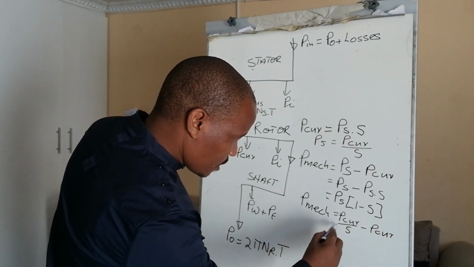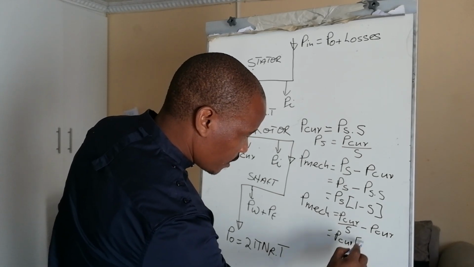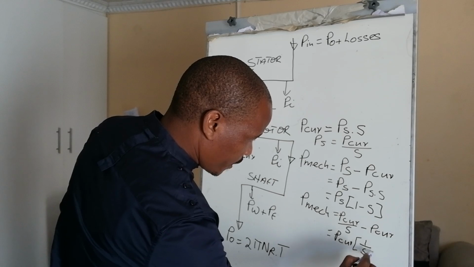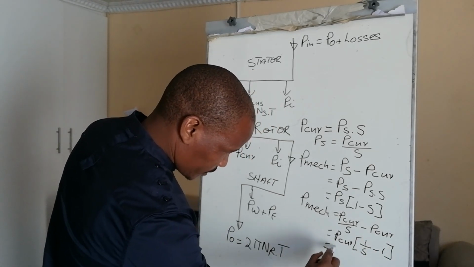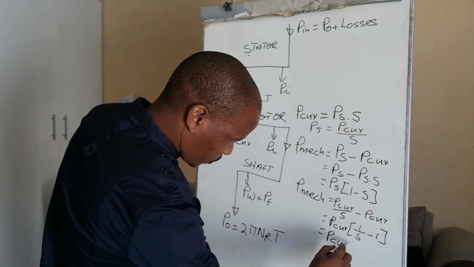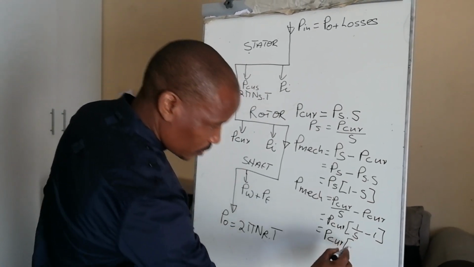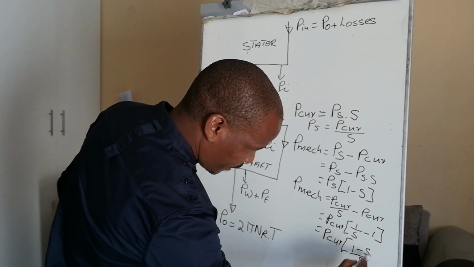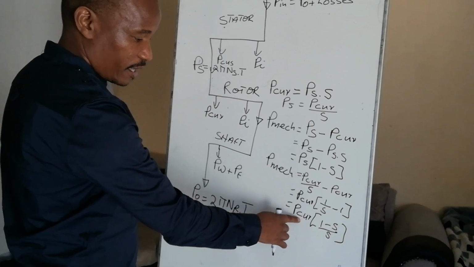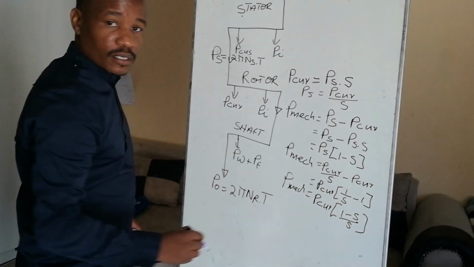I can take the rotor copper losses as a common factor, then I'm left with 1 over S minus 1. So this is the rotor copper losses over the LCM, which is S. So I'm going to have 1 minus S all over S. This is another formula to calculate mechanical power.